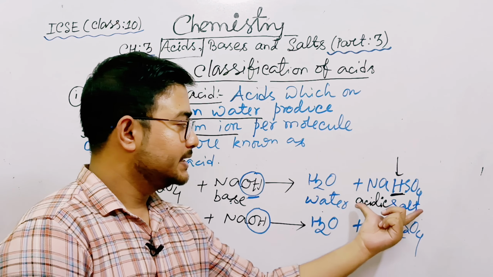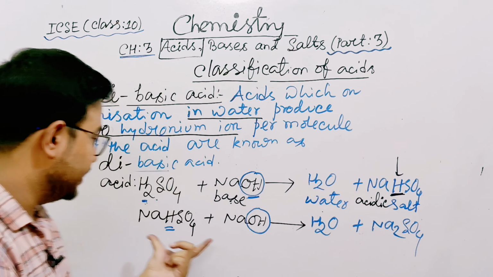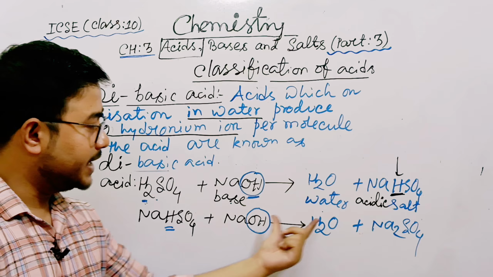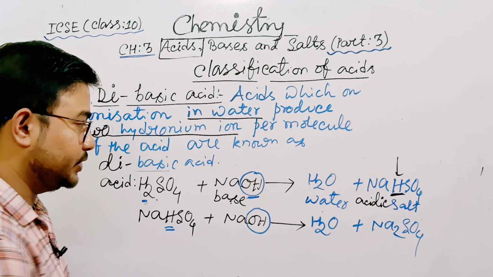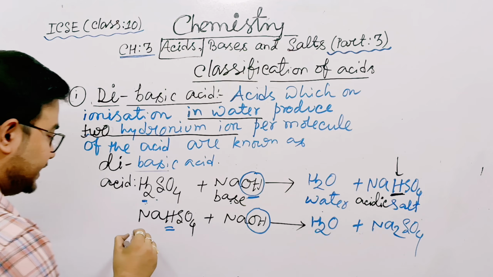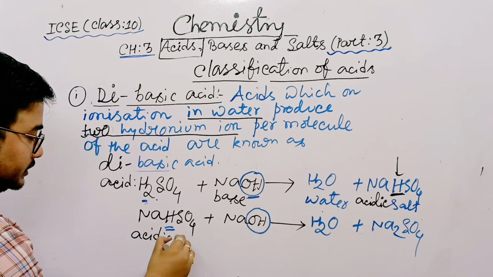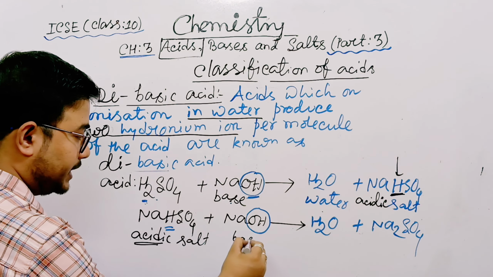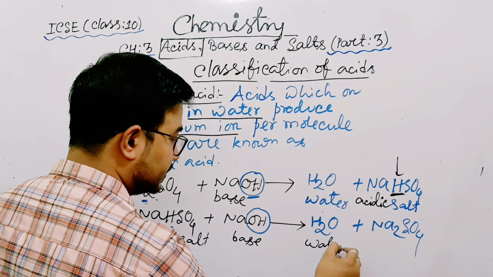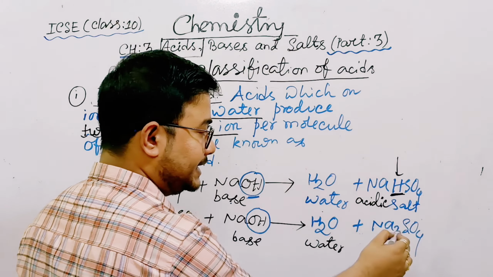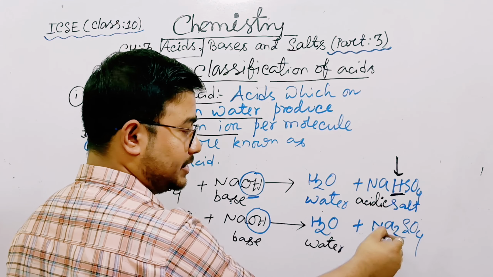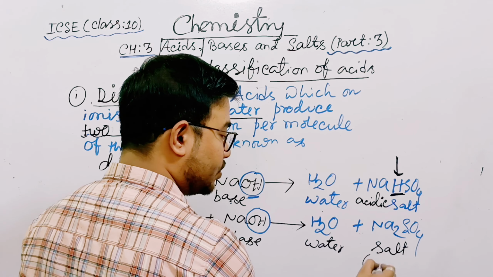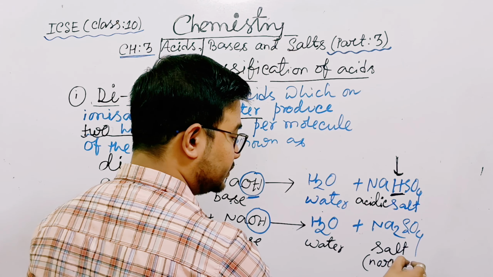In the second step, since it is acidic salt, that is acid, it reacts with base, so again forms water and salt. So when acid reacts with base, it produces water and salt. Now tell me, in this salt is any H or acidic element there like the previous case? No. So it is normal salt. It is called salt or normal salt.